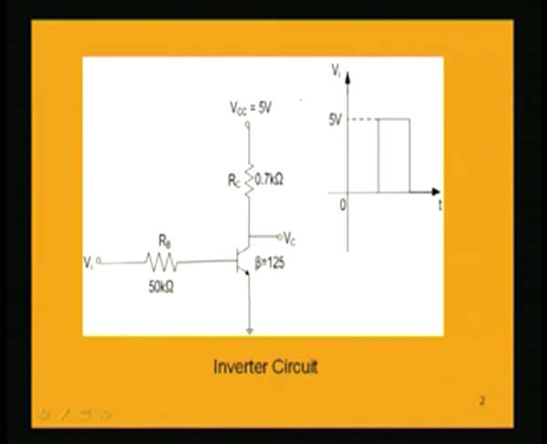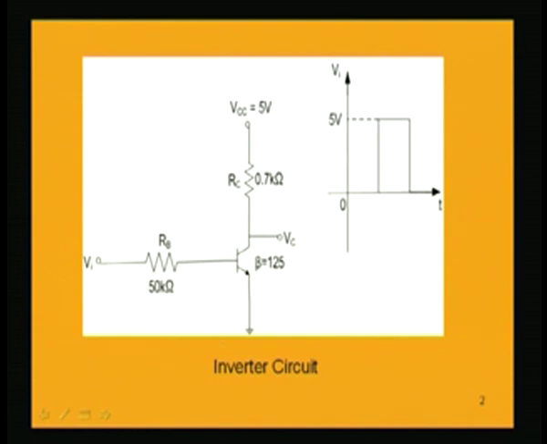Now, the input is Vi, which is being applied to this transistor circuit, and the output at the collector side is Vc, which is nothing but Vce, because here the emitter is grounded. So, the voltage between collector and emitter is the voltage with respect to ground at the output side.